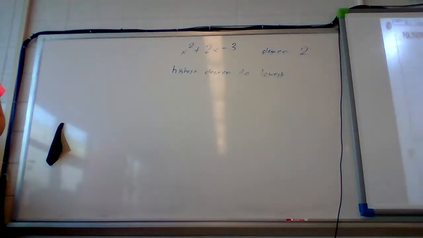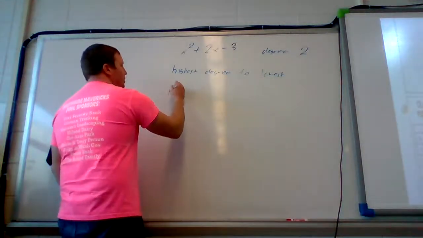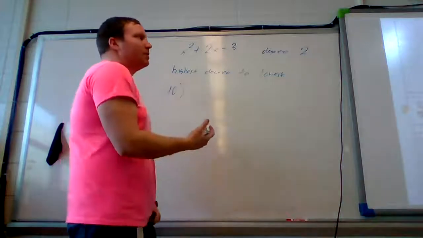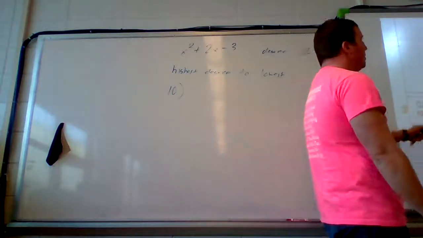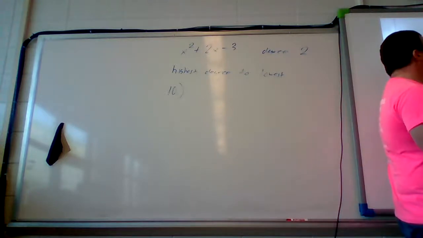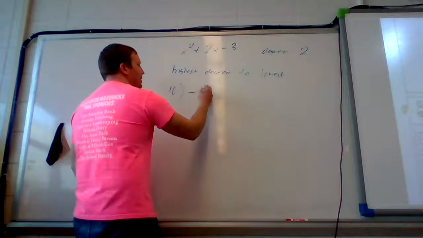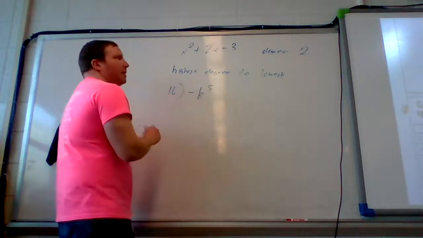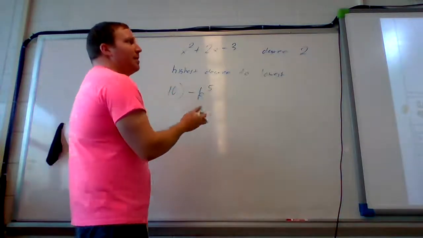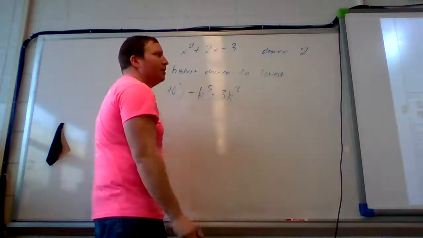So write the following polynomials in standard form. Whenever we do problems like this, we want to start with the highest degree. If we're looking at number 10, we want to look for our highest degree: k to the fifth. So we have negative k to the fifth, minus our 3k cubed.